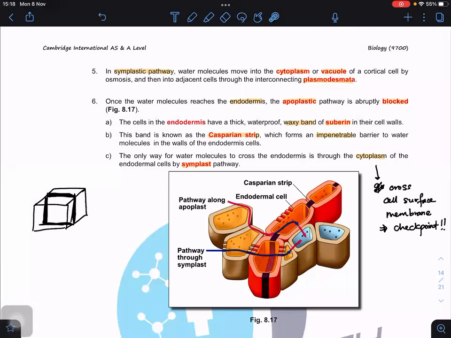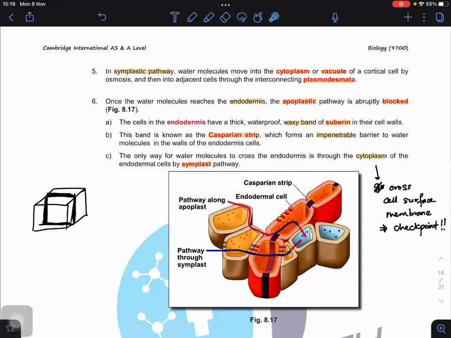So in order to do a selection here, the cell membrane is selectively permeable. So for the apoplastic pathway, we have to stop them. The plant has to stop the apoplastic pathway to make sure that not all ions will be carried by water, enter into the xylem and transport to the shoot, because sometimes the root also needs the ions. We cannot lose too much of the ions to the leaf. Are you clear? So they have to do the selection.